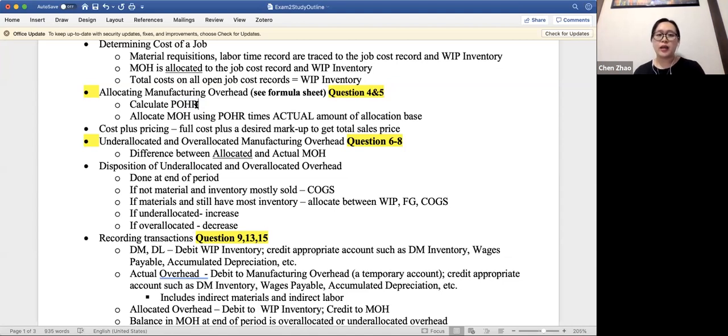After that, you're going to have a difference, which usually happens all the time, between your allocated MOH and your actual MOH.